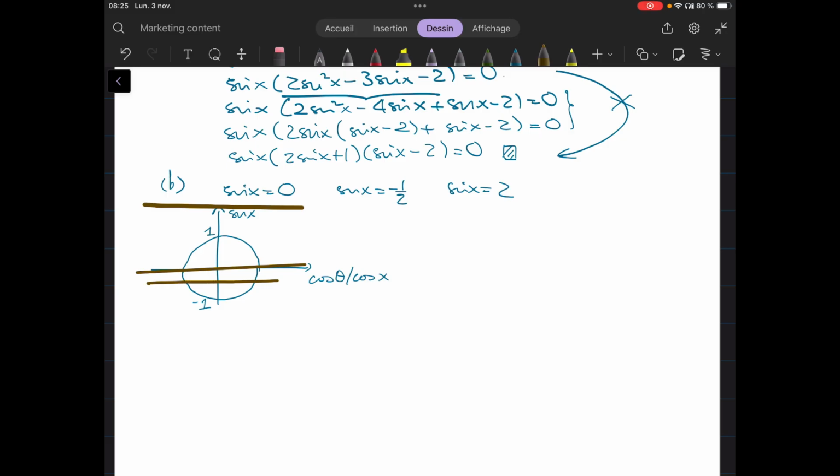Sine x equals 2 has no solutions, because you can see that it doesn't intersect the circle at all. Sine of x equals 0 has 3 intersections on a given interval: 0, pi, and 2 pi when it completes a revolution.